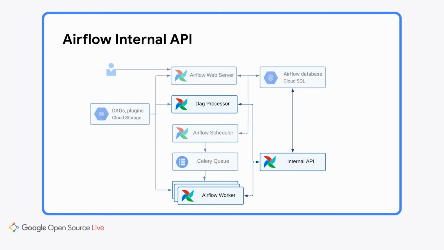The requests are, of course, translated to SQL queries and executed on the database, but the code of this internal API is reviewed by the Airflow community. And of course, the list of methods is strictly limited to only what is needed by a worker to run. So dropping the table or database is no longer possible.